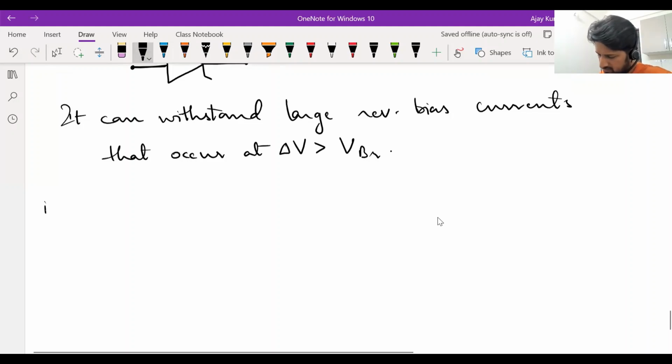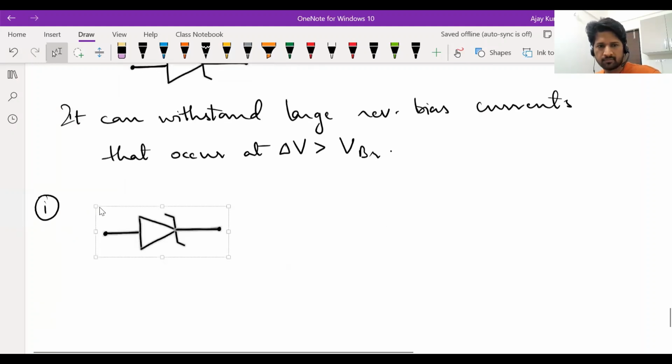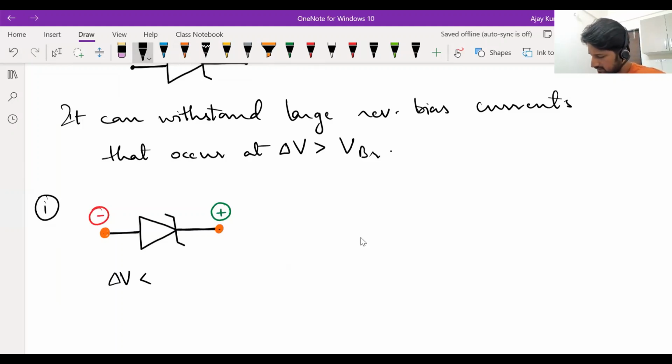First case, to make it reverse biased, the N side has to be at higher potential compared to the P side. Fine. So if the applied voltage is less than breakdown voltage, it is in reverse bias, it allows no current, so you simply treat it as an open switch.